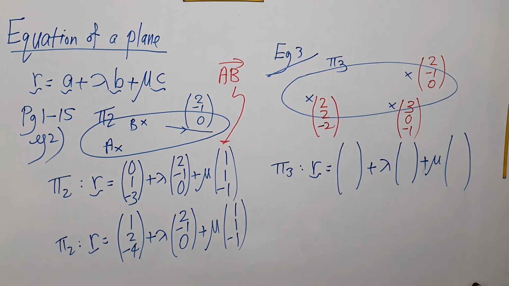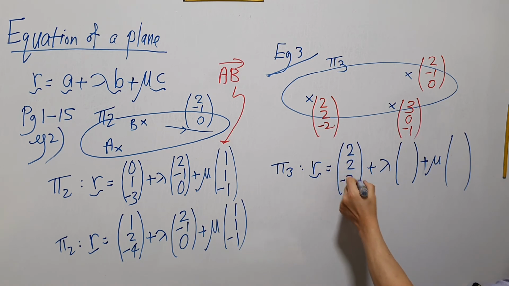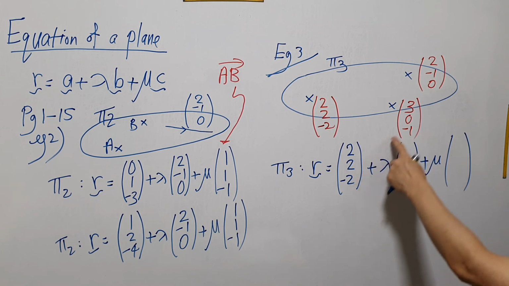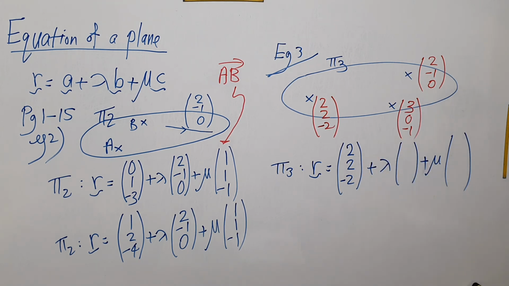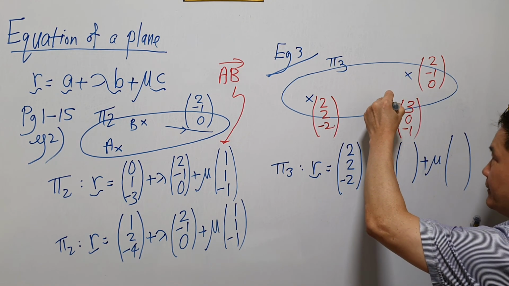So I'll just arbitrarily take 2, 2, minus 2. I want to stress once again, this first vector could have been this, or this. It doesn't matter. Next, I need a vector that is parallel to the plane pi3. A convenient choice for this vector that is parallel to pi3 would have been this vector.